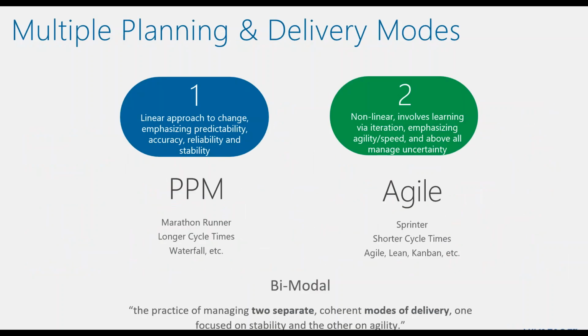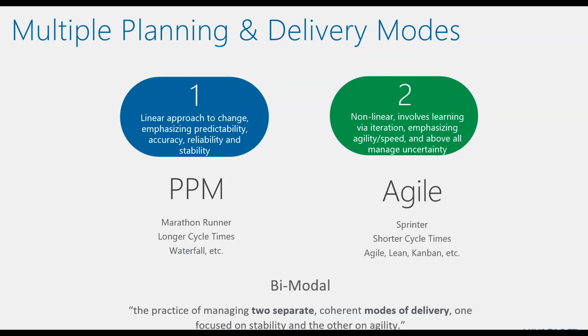So Gartner back in 2015 really coined the term bimodal, and we're using the term hybrid today, but it really is talking about 2 modes, where mode 1 is really this PPM traditional approach, which is a more linear approach, a more traditional approach to governance and execution. The analogy is more of a marathon runner, using longer cycle times, phases, gates, those types of things, and using approaches like waterfall.